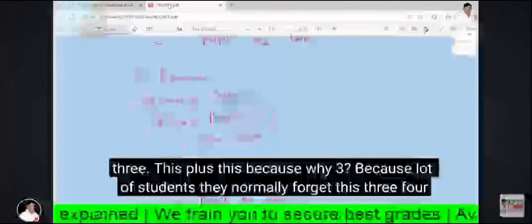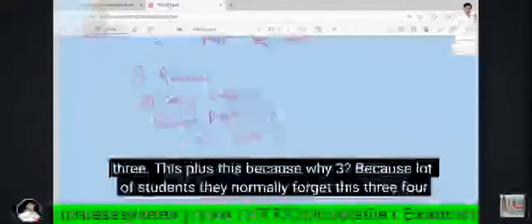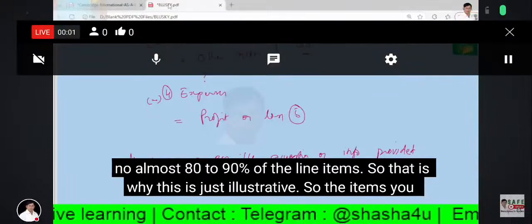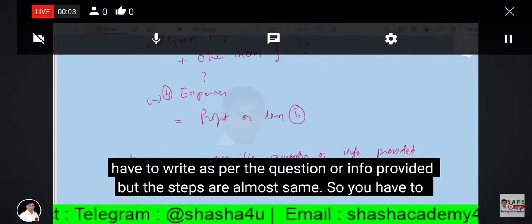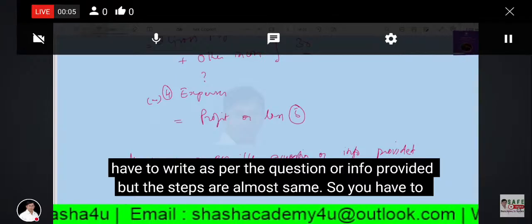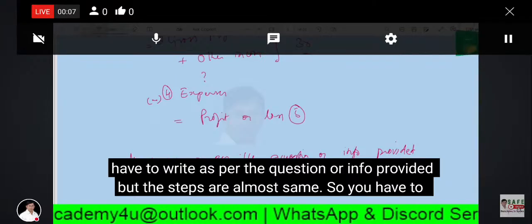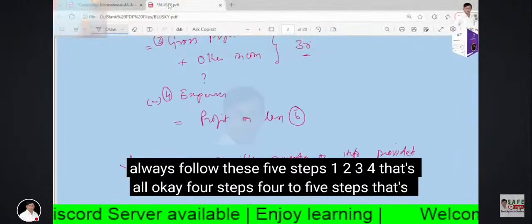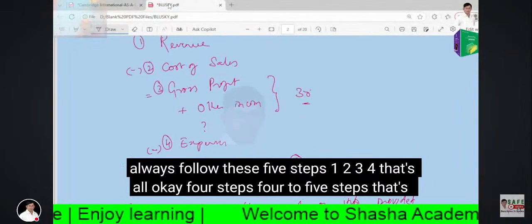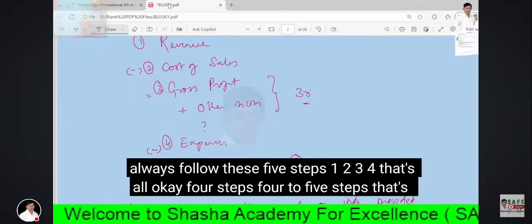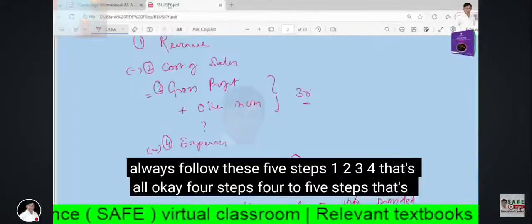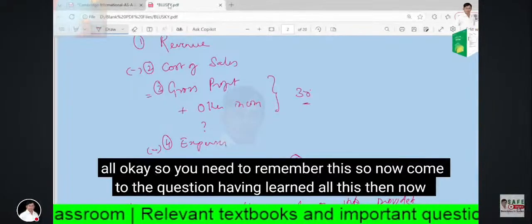That's why 3O is something a lot of students normally forget. The items you write will be as per the question, but the steps are almost the same. So you have to always follow these five steps: one, two, three, 3O, four, five. You need to remember this.